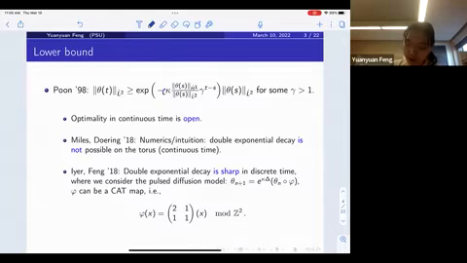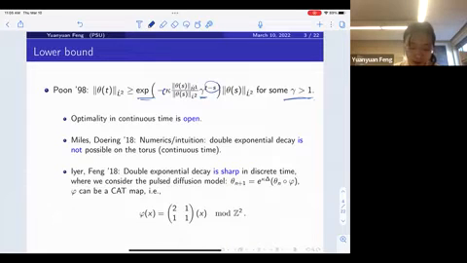Here, gamma is some coefficient strictly greater than 1. So we can see this is a double exponential lower bound. So exponential and gamma to the t, right? The energy lower bound is double exponential in time.